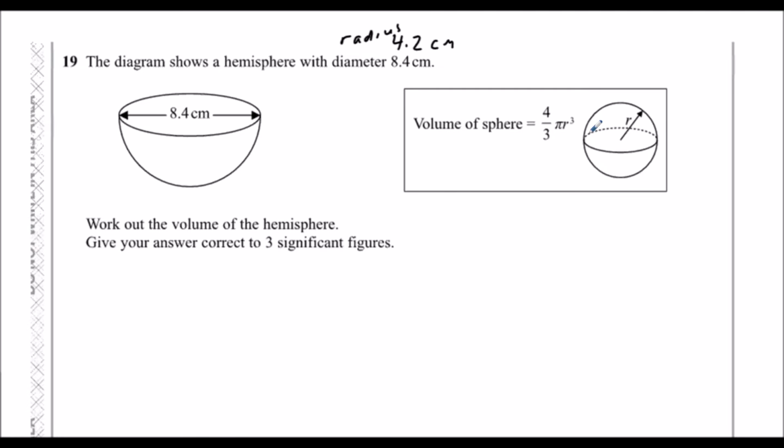Okay, so the volume of a sphere is 4 over 3 pi r cubed. For half a sphere, we halve that. So half of 4/3 is 2/3. So we've got 2/3 times pi times the radius, which is 4.2 cubed.